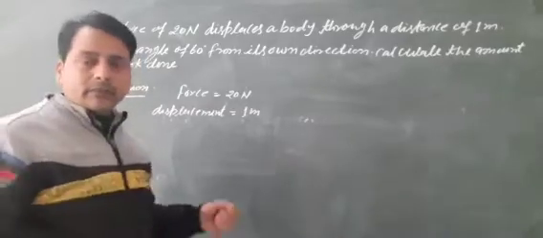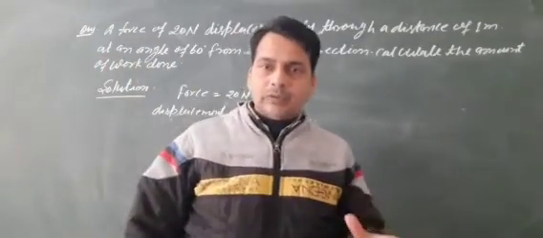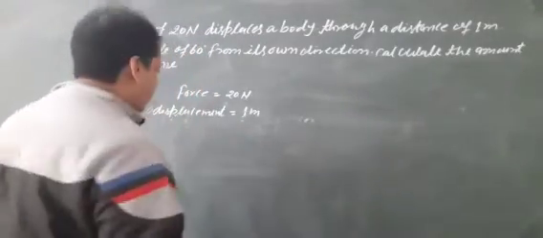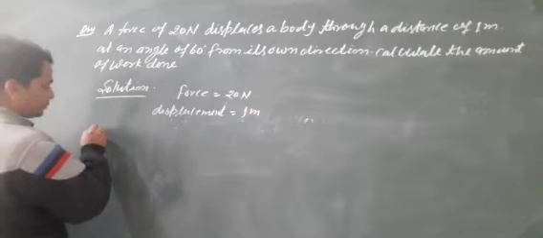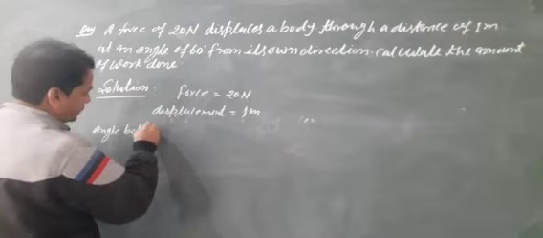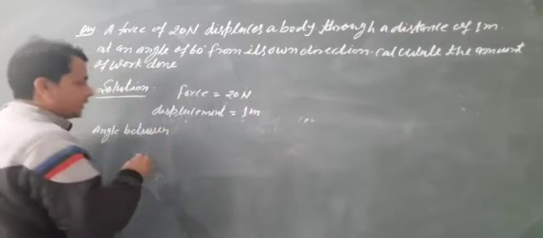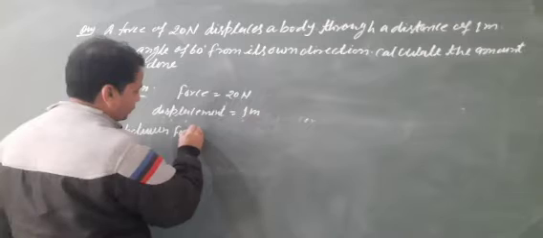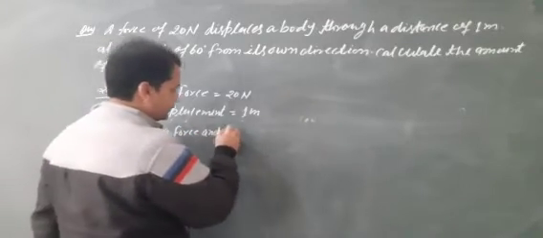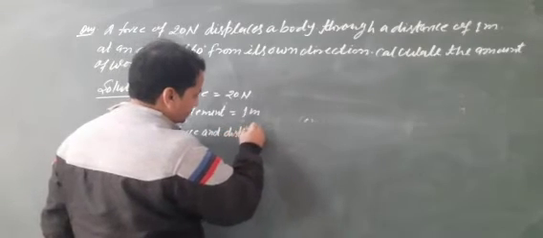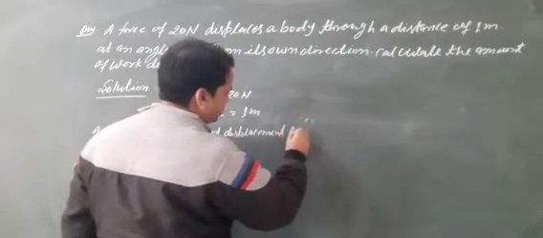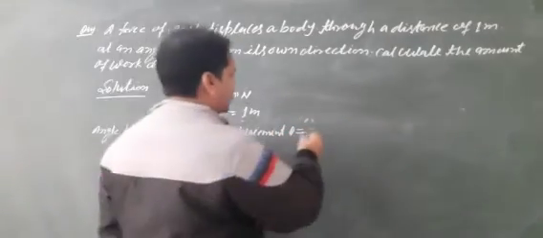So it is clear that the angle between the force and displacement is given here, that is theta equal to the angle between force and displacement, that is theta is equal to 60 degrees.